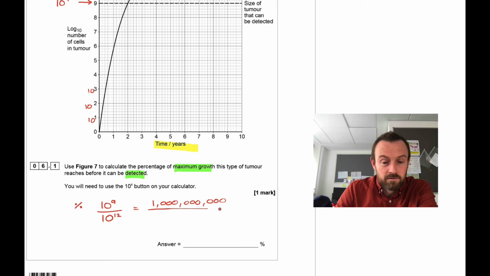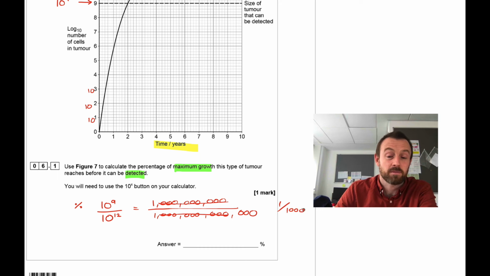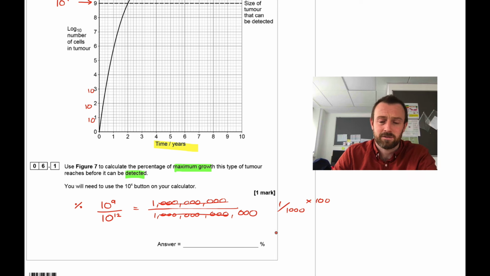And then this is going to have 12 zeros, so it's going to have 3 more zeros basically. We cross out all those zeros, so it's 1 divided by 1,000, and then times 100 to make it a percent. I'm going to do all this longhand, so it's 100 divided by 1,000.